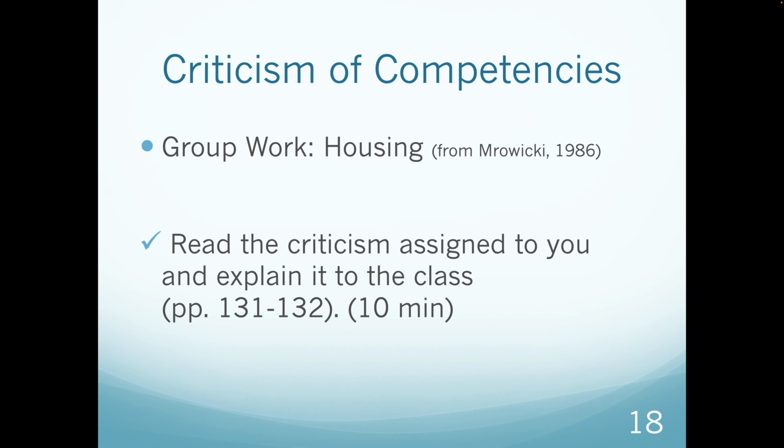And this is something which I'd like to invite you to do as optional homework. I haven't really set this for you, but if you want, you can send me this. There are several criticisms listed in the book, ranging from page 131 to 132.